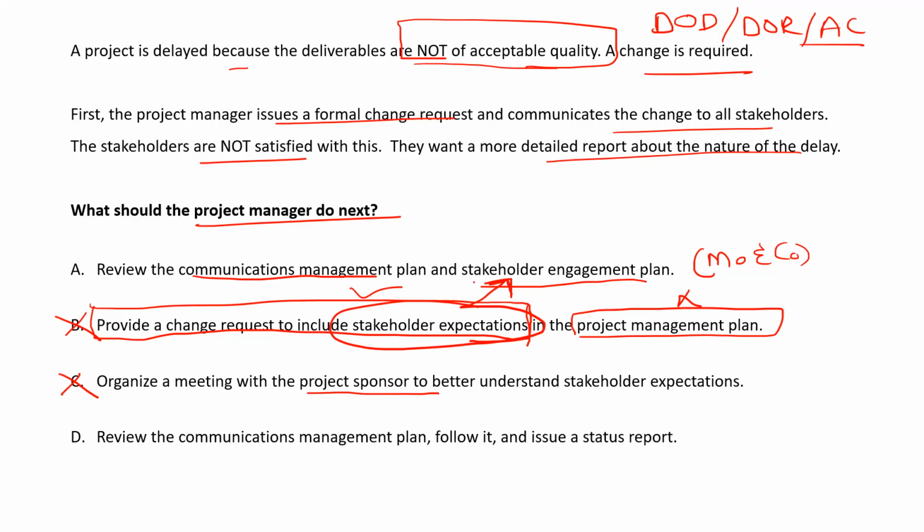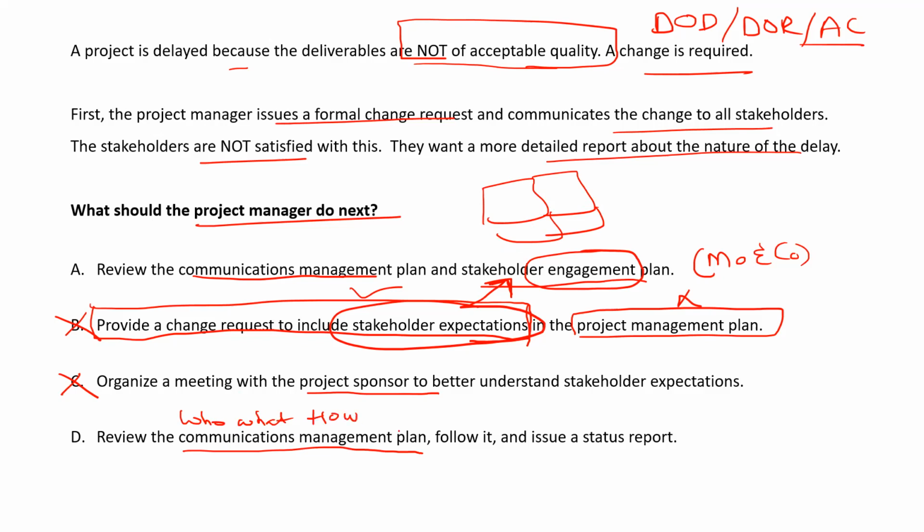In option A, it is only talking about the engagement plan. What is the stakeholder engagement plan? You need to identify the level of interest and power. But the communication management plan is what? Who needs what information, how, when, by which technology, and in which format.